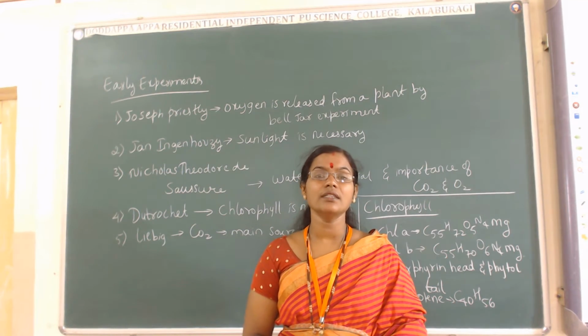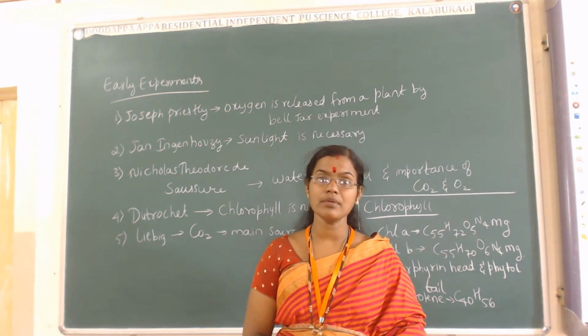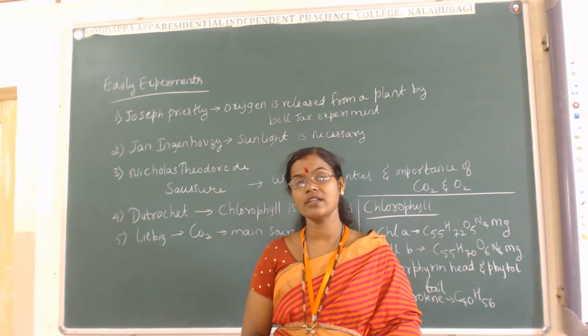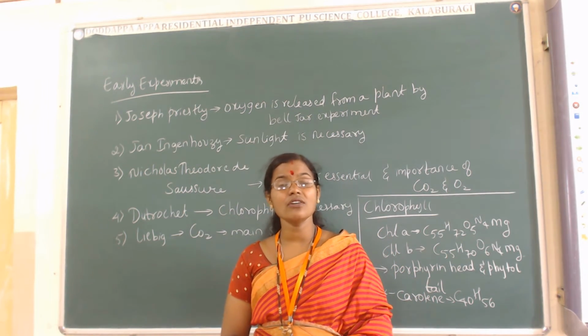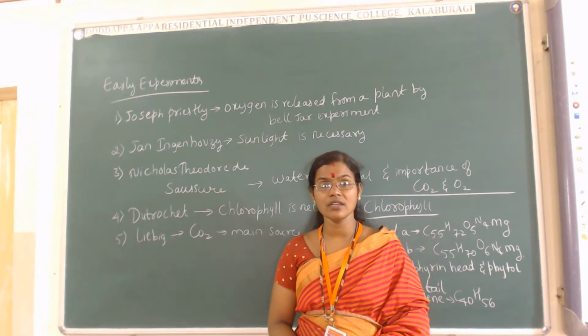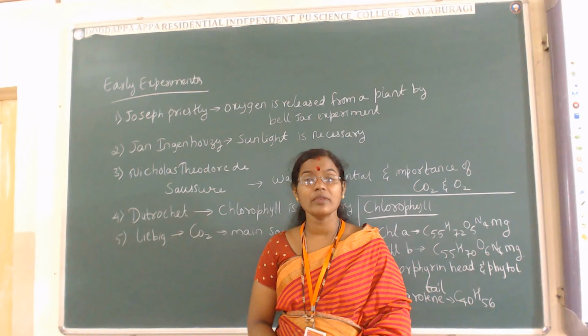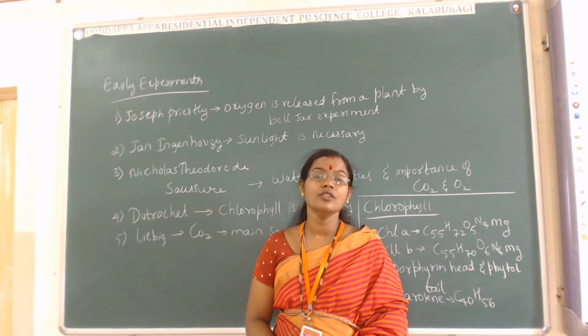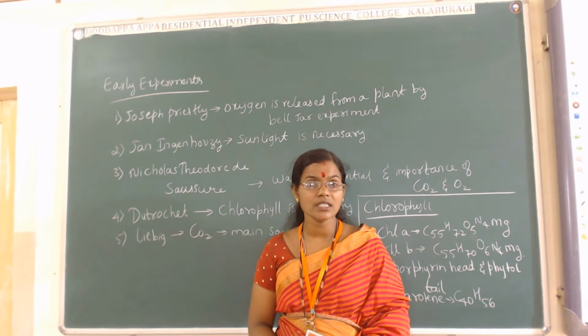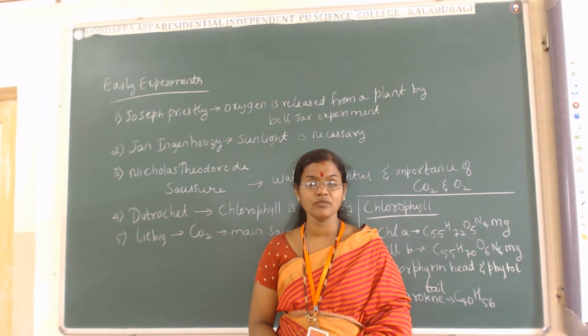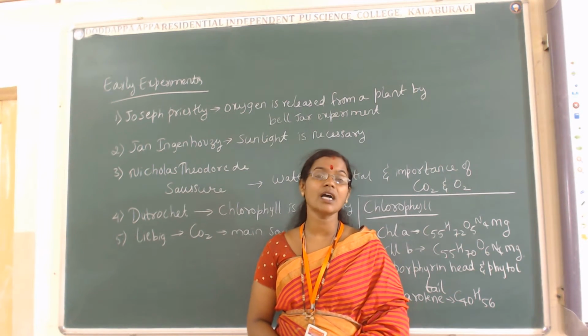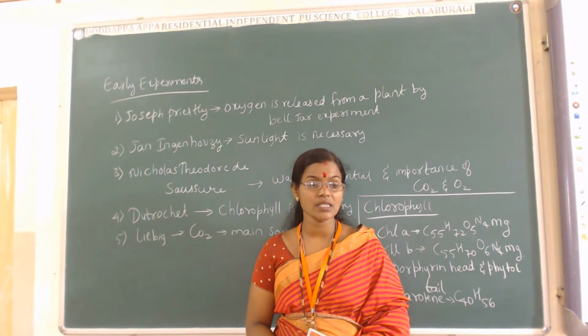After sunlight, we see the CO2 and the H2O. Carbon dioxide is an essential raw material for the process of photosynthesis. Without carbon dioxide, no carbohydrate synthesis will occur.